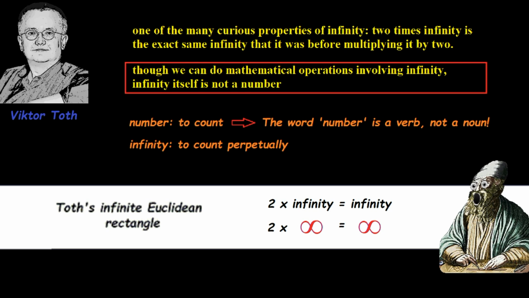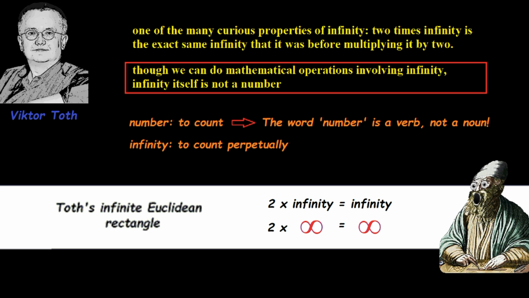That's what infinity is. So you can't say, I'm going to multiply that times 2. You're going to count perpetually times 2, eternity times 3. Is that the way it works in math? No. And the question is, if it's not a number, why do the mathematicians introduce it into math?